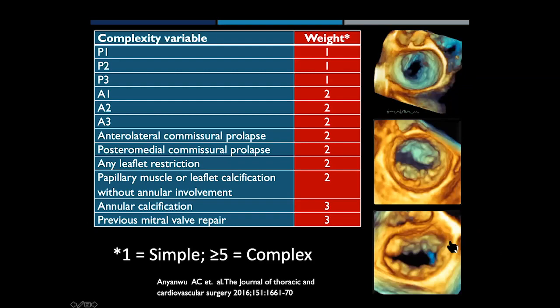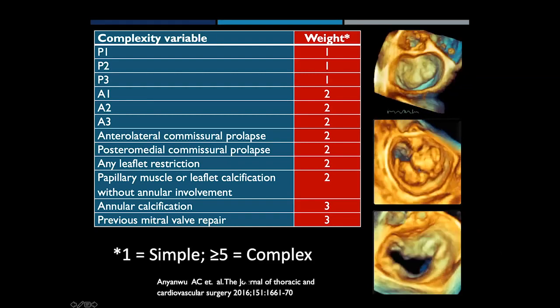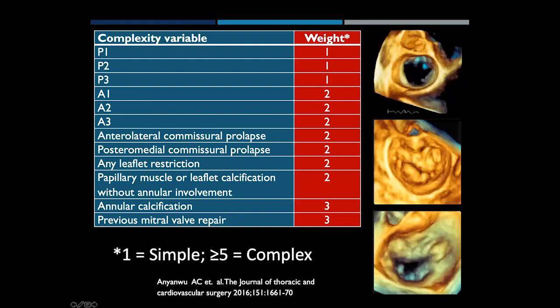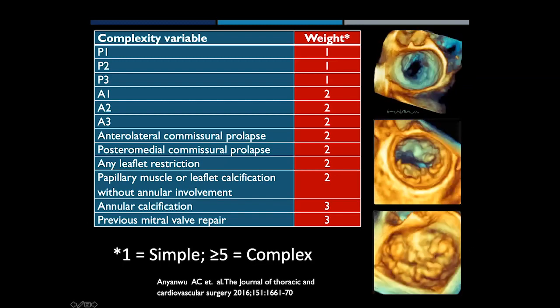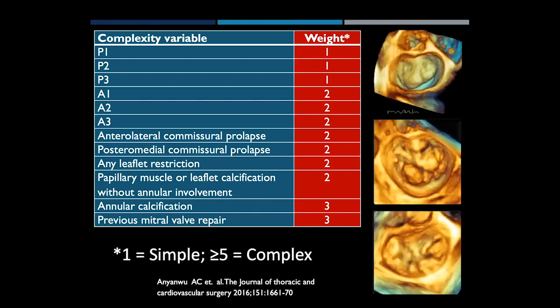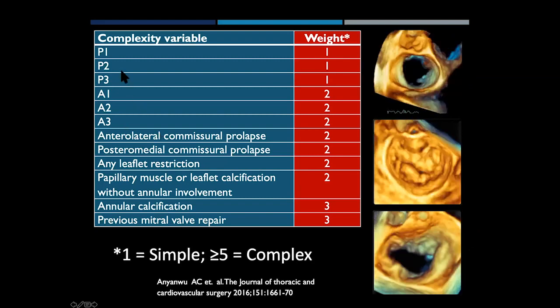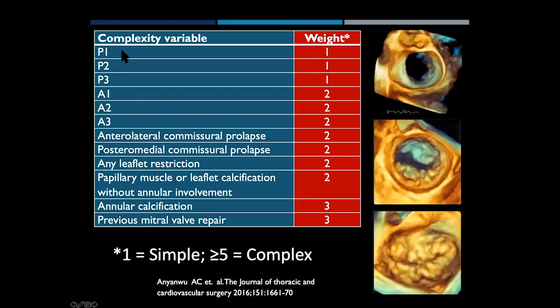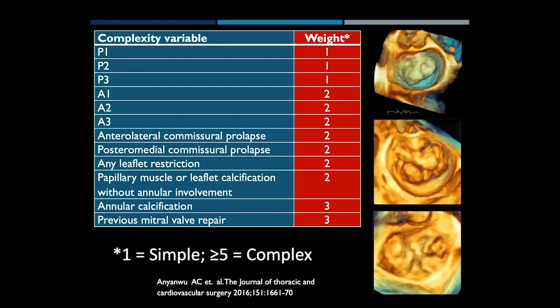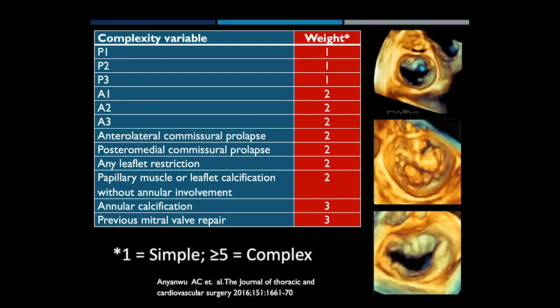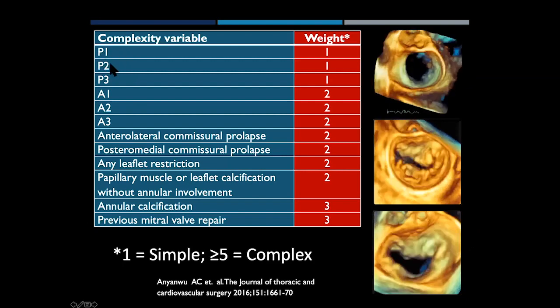This is a study that was done by a group of surgeons trying to put together a score which would tell you whether a repair is going to be simple or complex. And it's interesting to see that if you have a single scallop involvement and that single scallop is a posterior leaflet, then the repair is going to be simple, as you can see here.